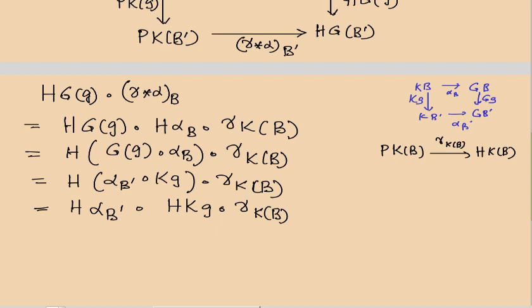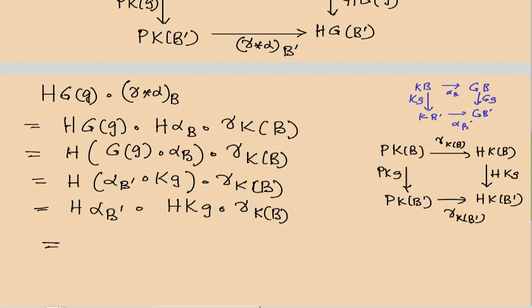And then I know what HKG is. This is going to HKB prime. Similarly, you have PKB prime here. So this is gamma KB prime here, and this is PK of G. Right? So this diagram commutes.